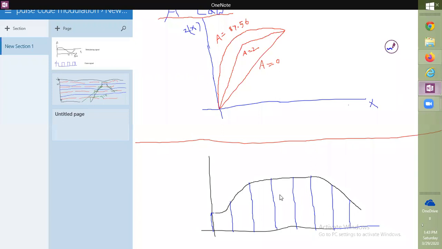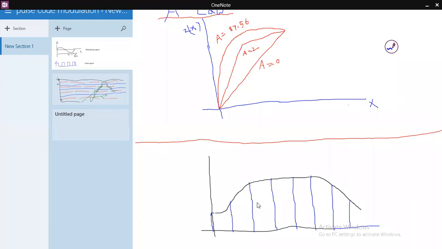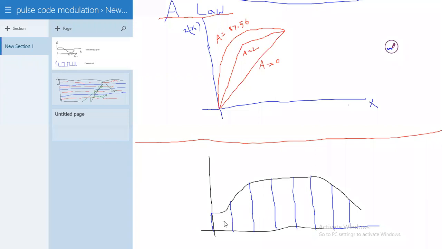Okay, then we can allot values for this one, digital values. Let us assume this is 0 0 0. Before that, let us consider the quantization levels. This is one quantization level, this is another one, and this is another one, like this.